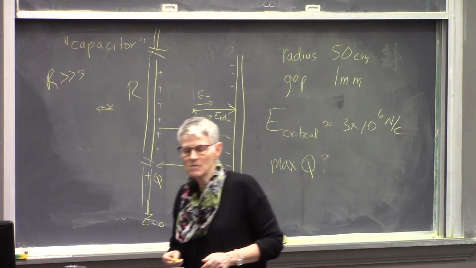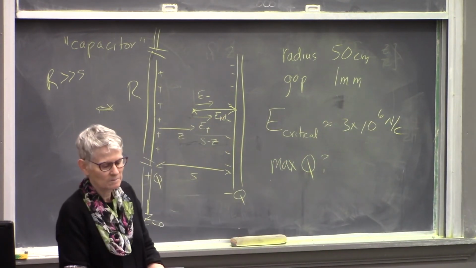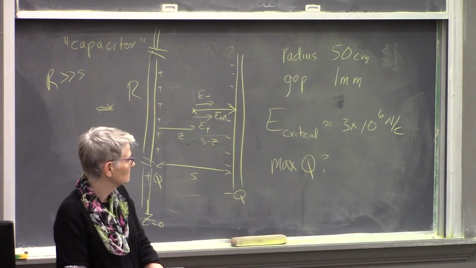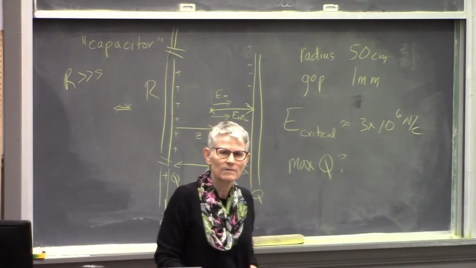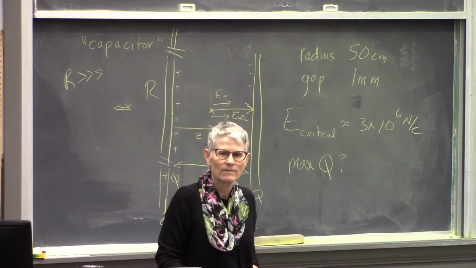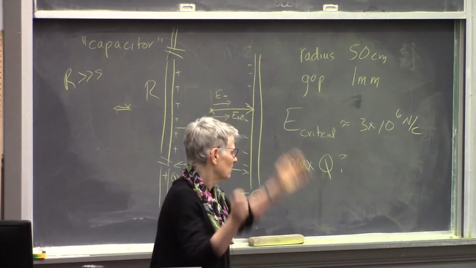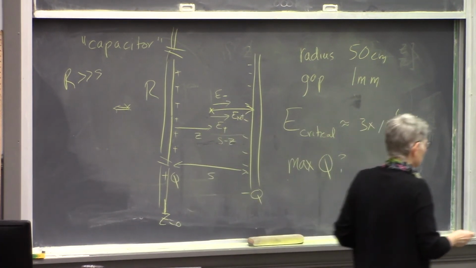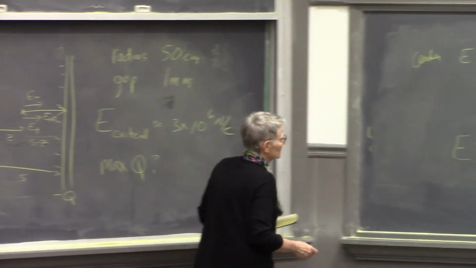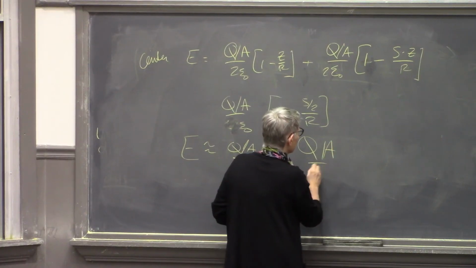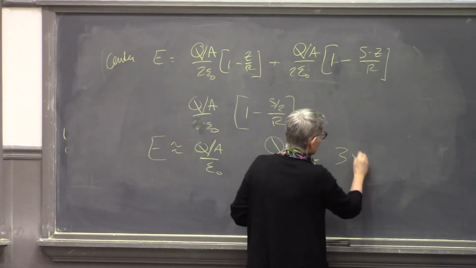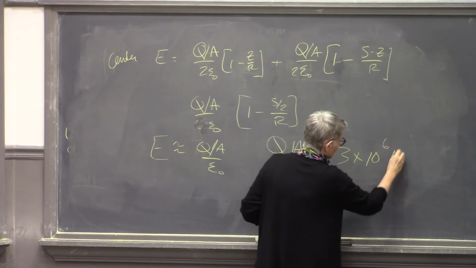So how do we figure this out? Set Q over A over epsilon 0 equal to 3 times 10 to the 6 newtons per coulomb.